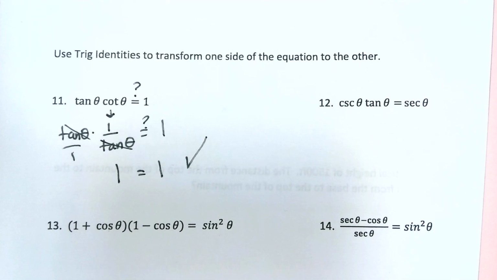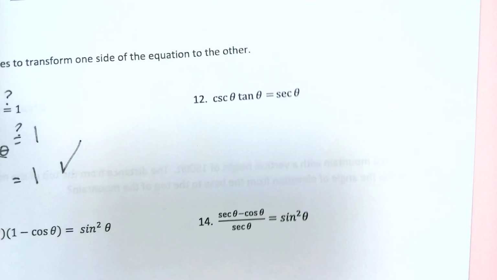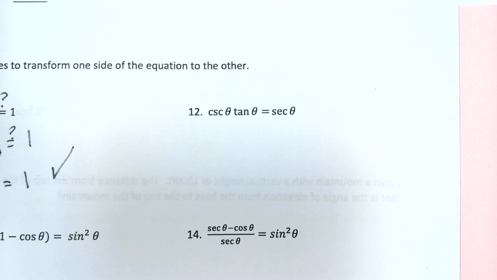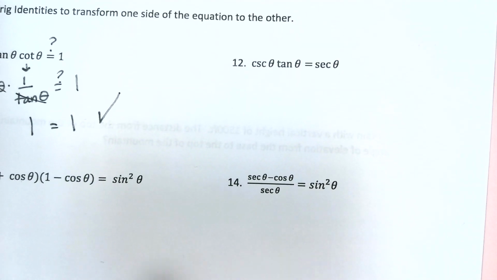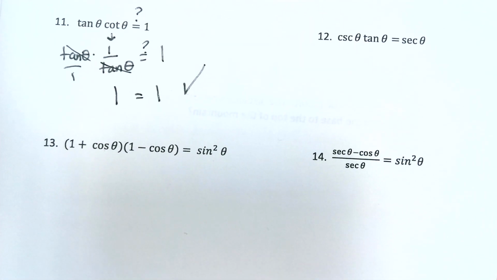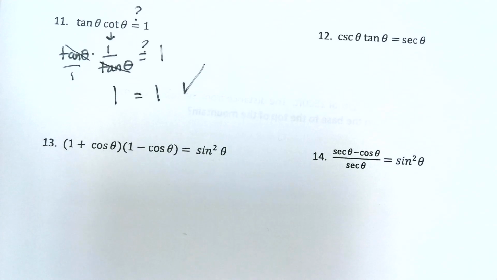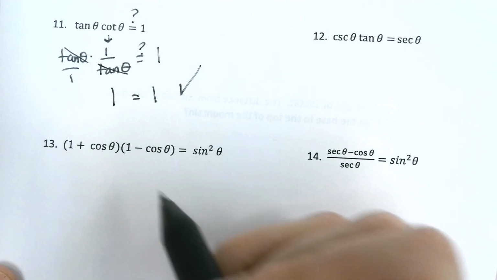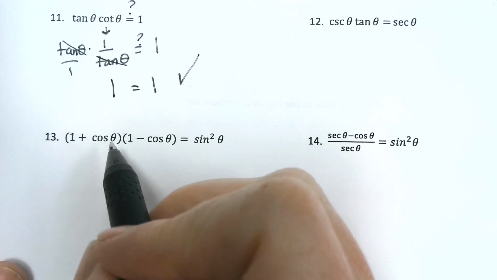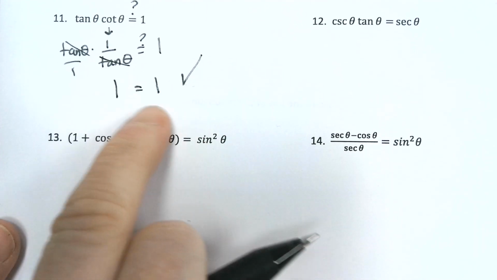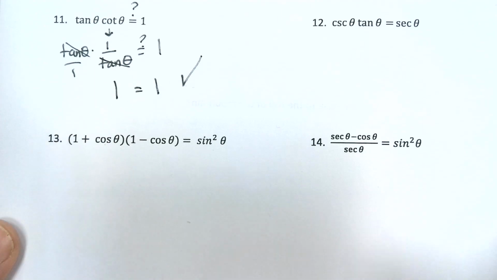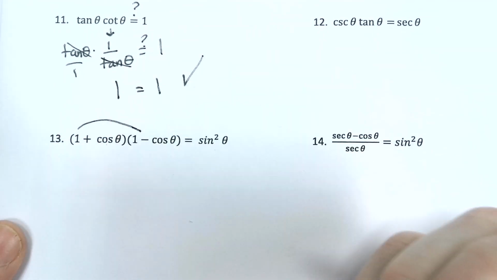Okay. See if there's anything else. I think this one would be a good one to do, number 13. All right, we have 1 plus cosine theta and then 1 minus cosine theta. This reminds me of Algebra 1, where you're multiplying.